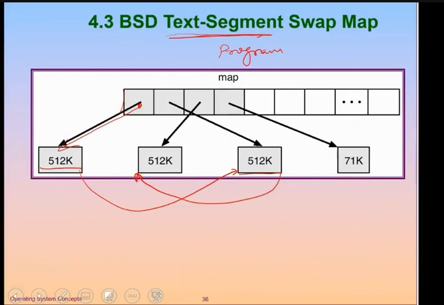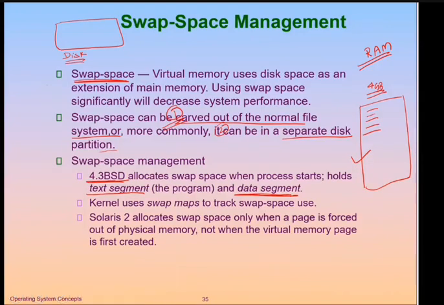I am talking only about the 4.3 BSD Unix version, but for example in Solaris 2, it will allocate swap space only when a page is forced out of the physical memory, not when the virtual memory page is first created. It is first created in the physical memory, but if there is a space problem in the physical memory and the page is forced out, then it is allocated to the swap space.